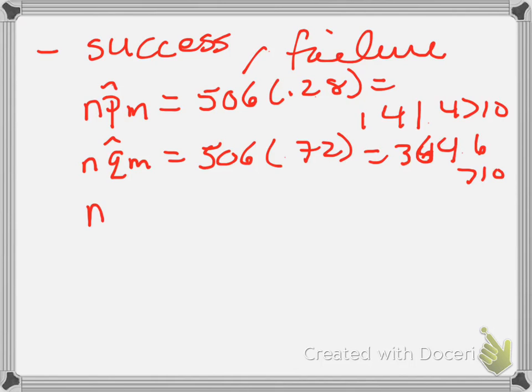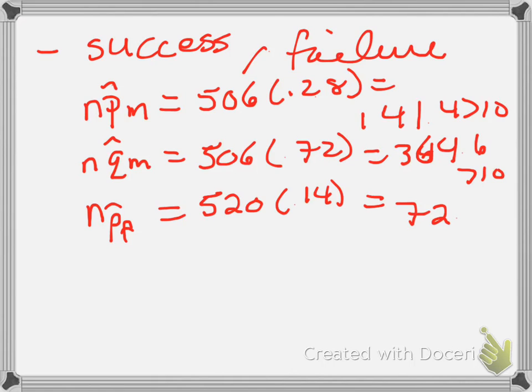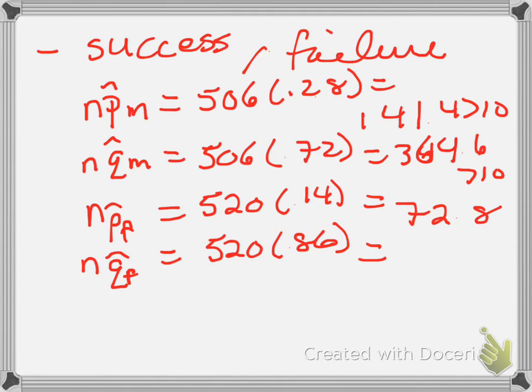So this is n times PF hat, and so this is 520 times 0.14, and I get 72.8. And this is going to be 520 times 0.86, and I get 447.2.